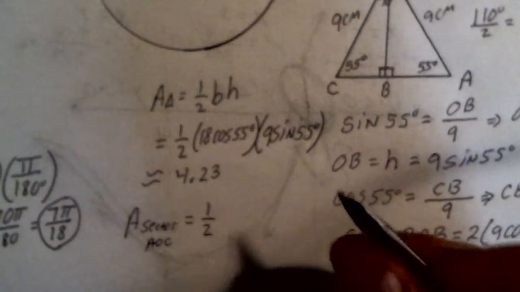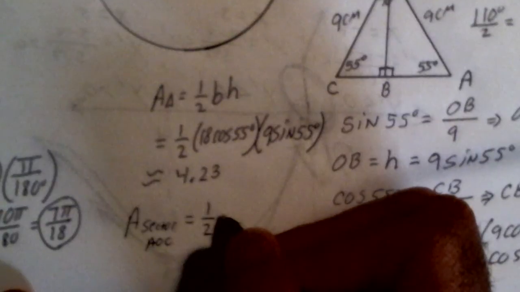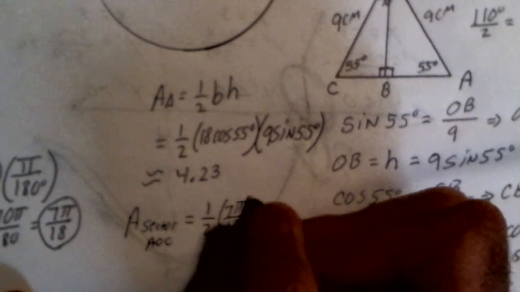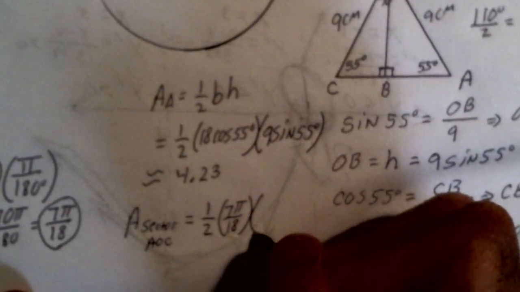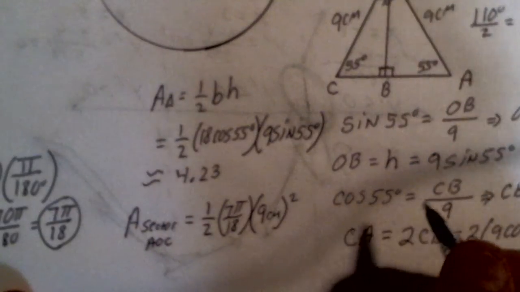So the measure of the sector AOC is going to be 1/2 times the measure of the central angle in radians, which is 7 pi 18ths, times the radius of the circle squared, which is to say times 9 centimeters squared.